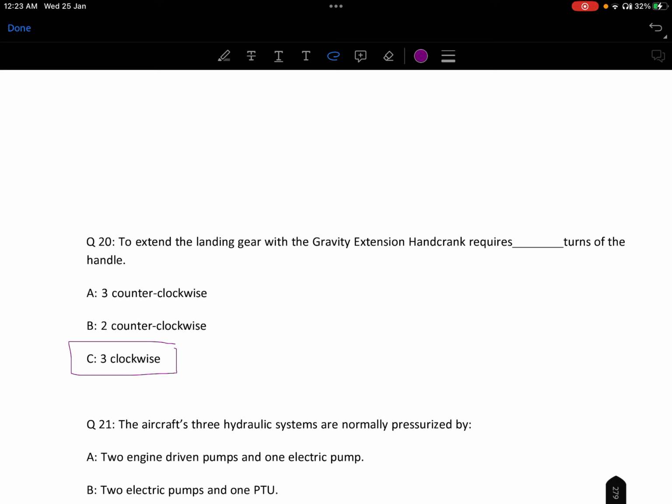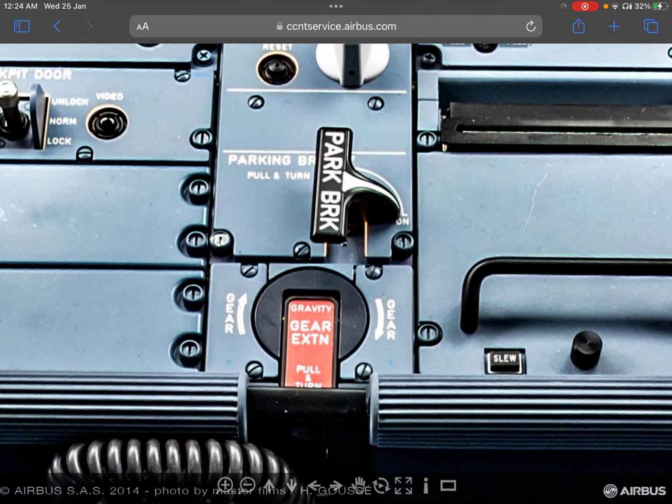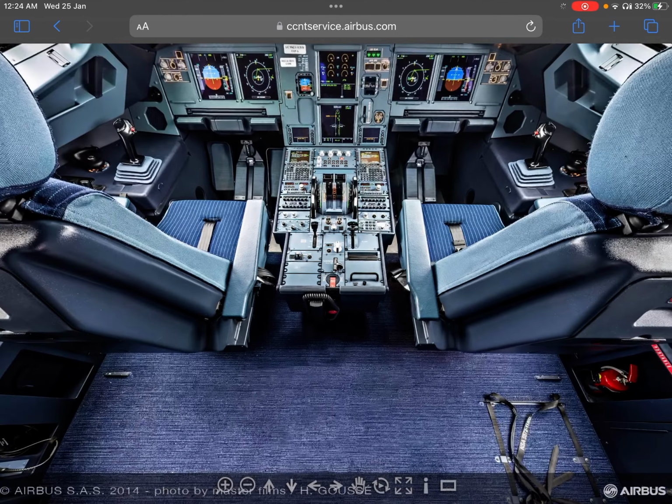When you do it for the very first time, it cuts off the supply from the landing gear. Then by rotating it twice and thrice, it will unlock the pins and open the doors, and the landing gear will extend from its original position. So we will turn it twice in the clockwise direction, one, two, and then three. They are talking about this gravity extension.